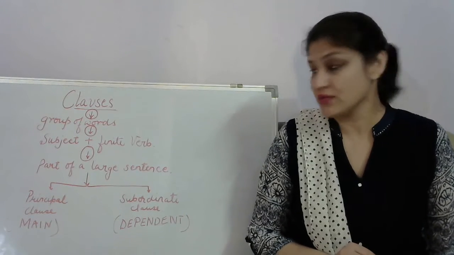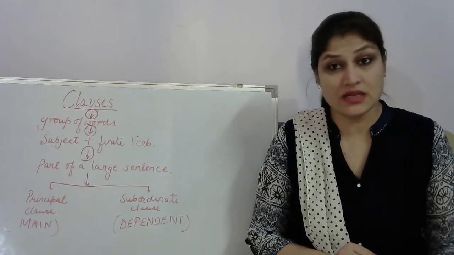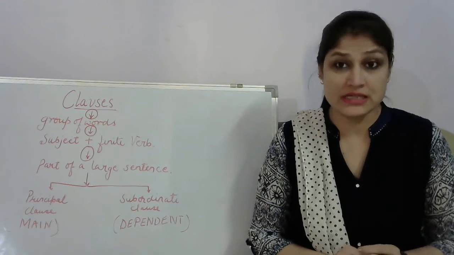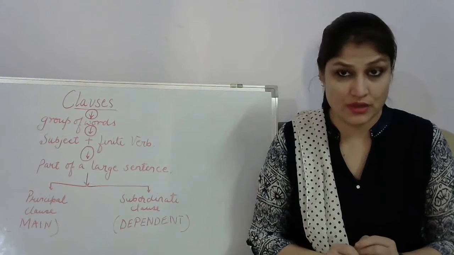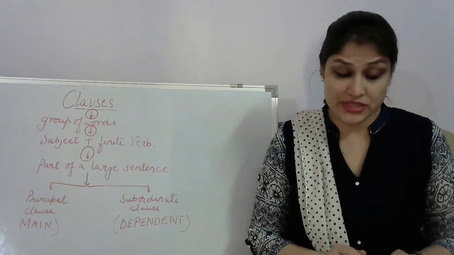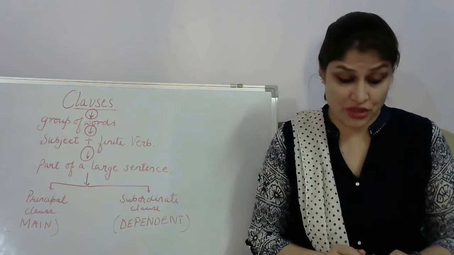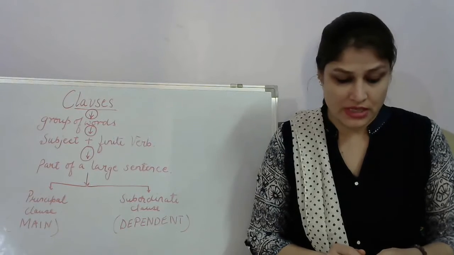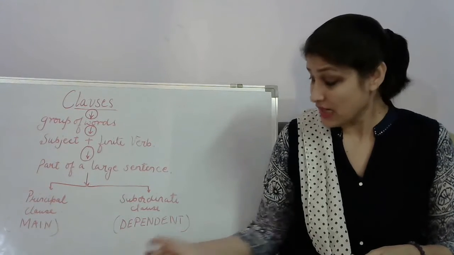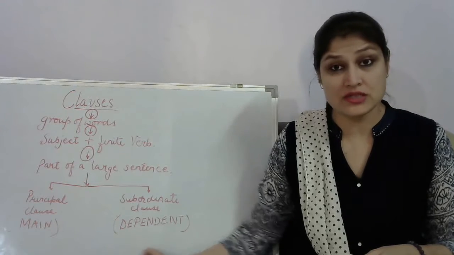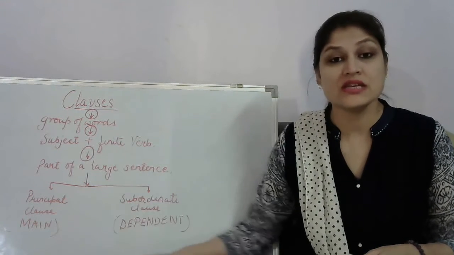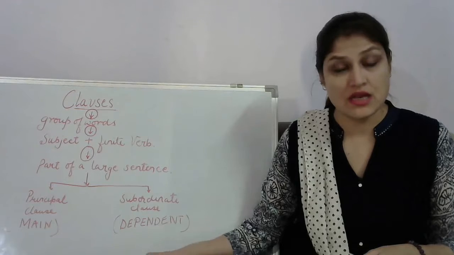When the part of the sentence is independent, it doesn't really need the support of another part of the sentence, that is known as the principal clause or the main clause. A clause which cannot stand by itself is called a subordinate or dependent clause. That part of the sentence that cannot stand on its own and needs the support of the main clause is known as the dependent clause.